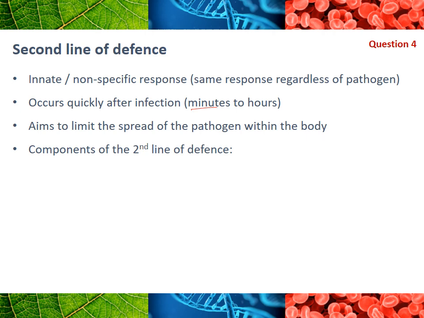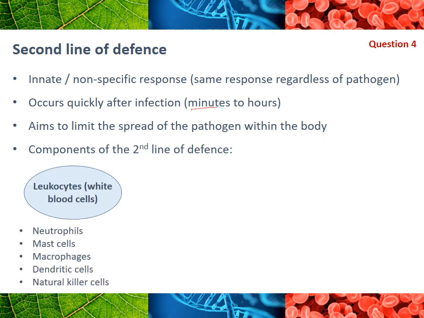Okay, the components of the second line of defense, and you'll recognize these from the poster you've just made. We have our cells. Okay, all white blood cells are called leukocytes, but we'll come to that in a second. These are the main cells that the study design says you need to know. If you were to look up a poster of all the immune cells, you'll find there's a lot more.